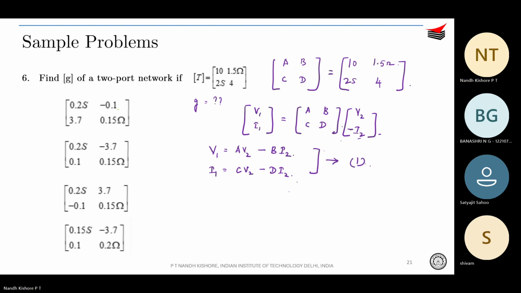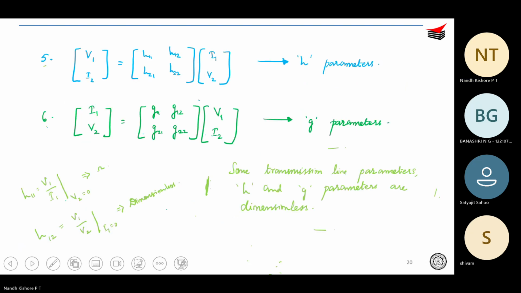Okay. Let's go to what we know about G parameters. So this is one, the transmission line parameters. The other thing that we know is the G parameters. So what are the G parameters? G parameter is I1, V2.